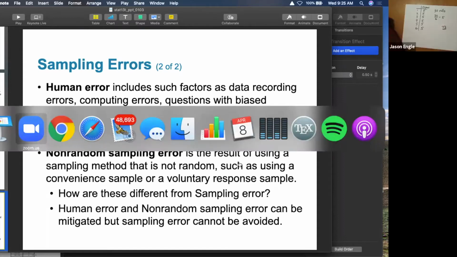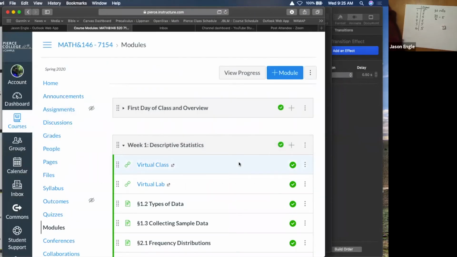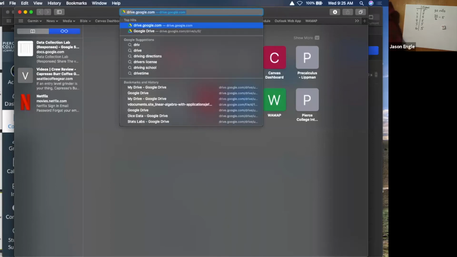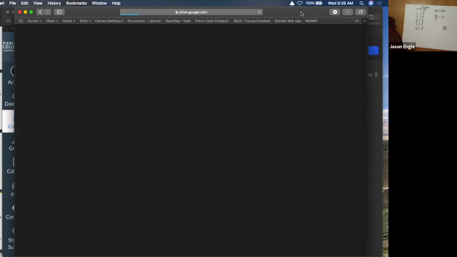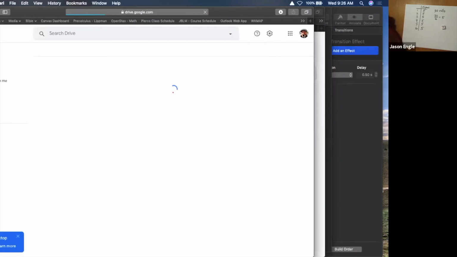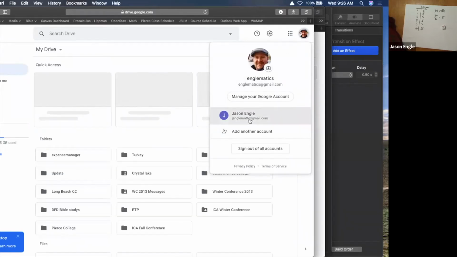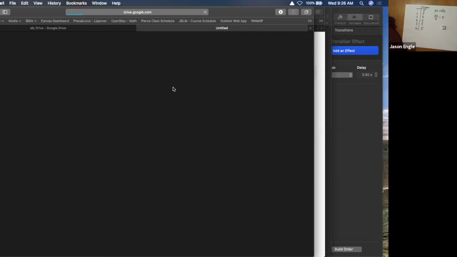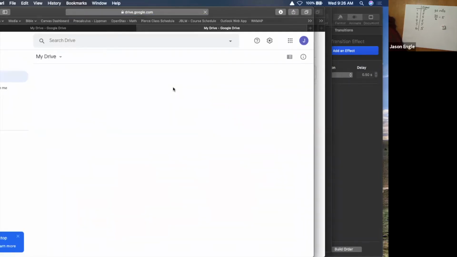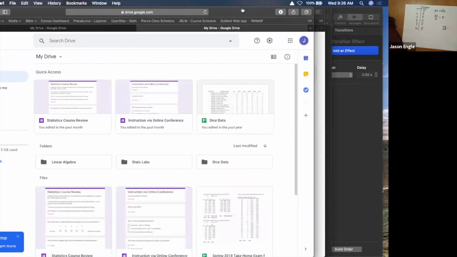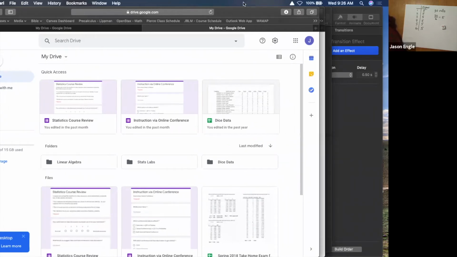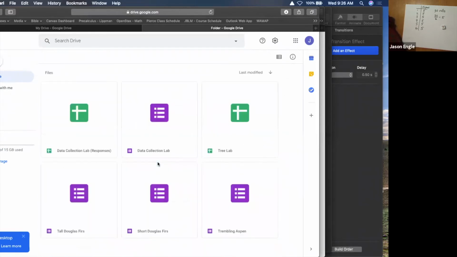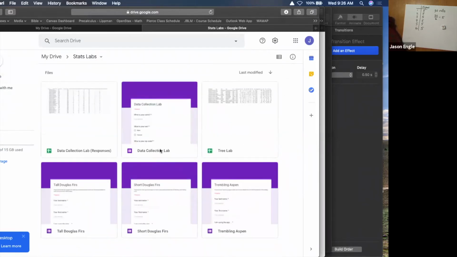That actually reminds me, I wasn't planning on this, but I think I can pull it up real quick. Last quarter I had students collecting data, okay? We can't do the same lab that I did last quarter, but I can show you some of the data that we came up with.